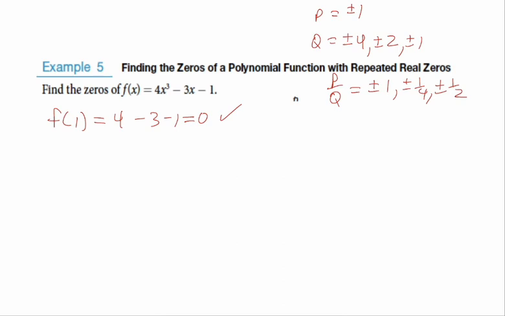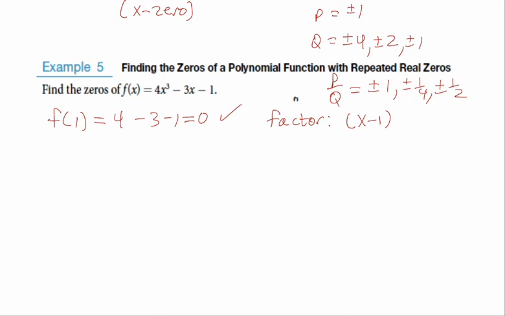Now, what that tells me is, because remember, if the 0 is a certain number, the factor is always x minus that 0. So the factor for this one, the associated factor, is x minus 1. Now, x minus 1 is a factor that can be divided out using synthetic or long division.